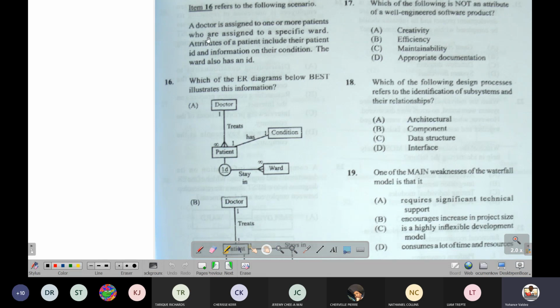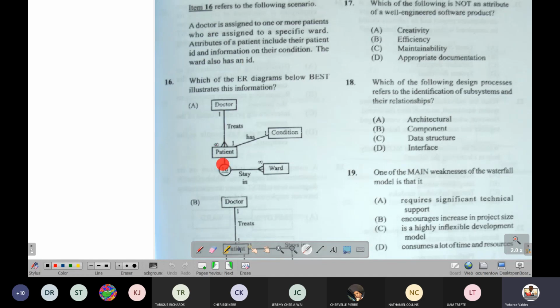The entities that we can see here are doctor, ward, and patient for sure. And I established that because we were told that the attributes are ID and the condition of the patient. And the ward also has an ID.